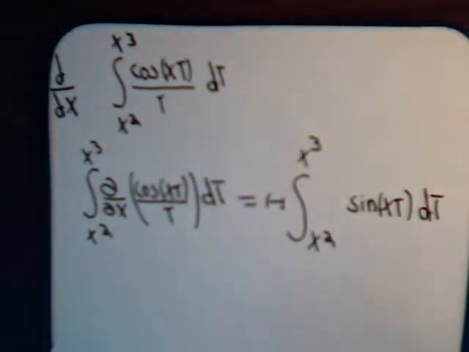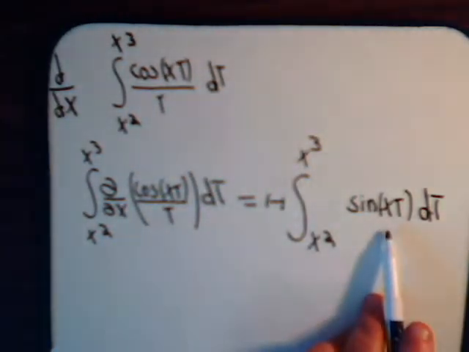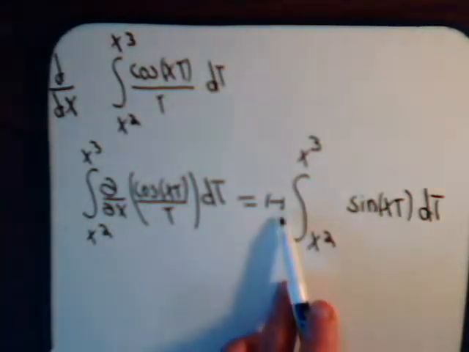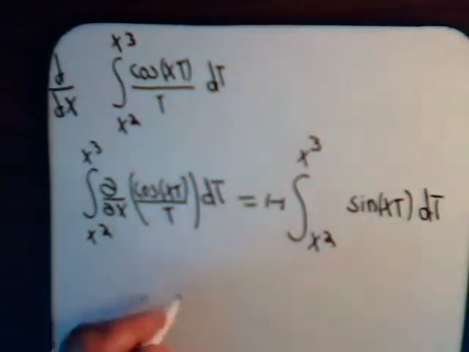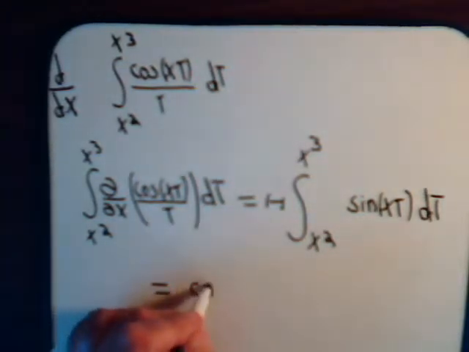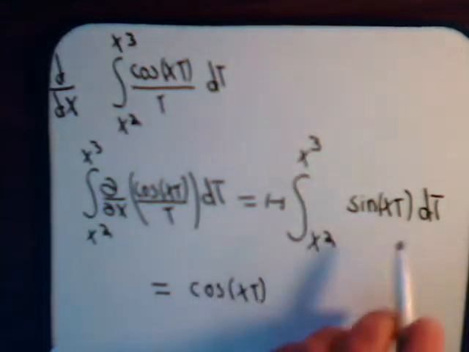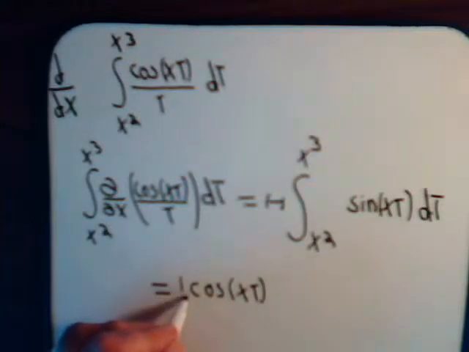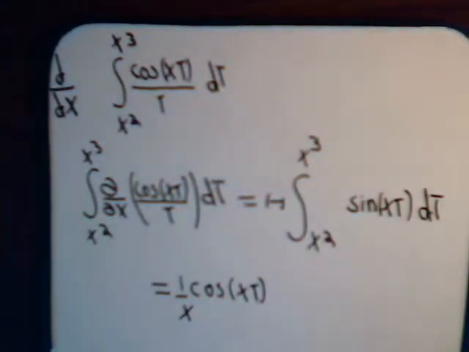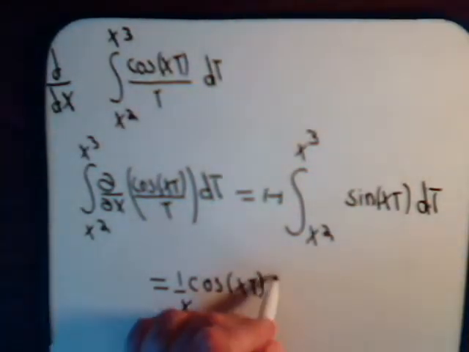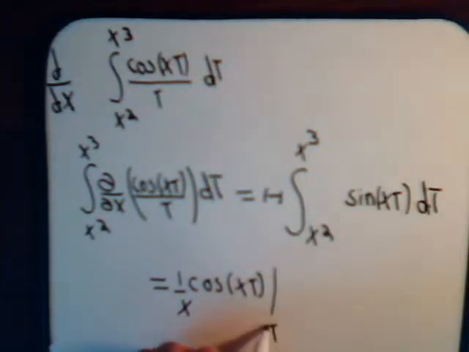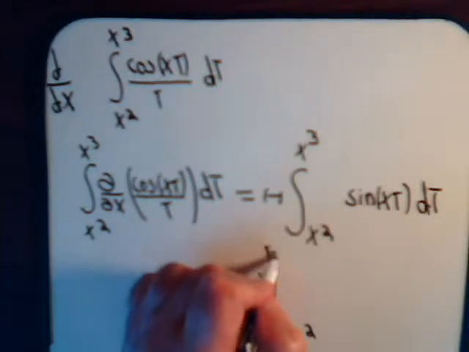And now when we integrate this, we treat the x as a constant. The integral of the sine is minus the cosine. We have a minus sign here, so this just equals plus the cosine of xt divided by x. And t goes from x squared to x cubed.